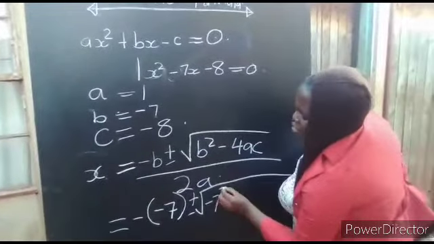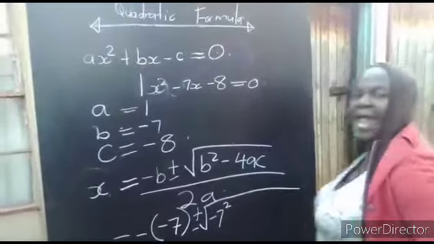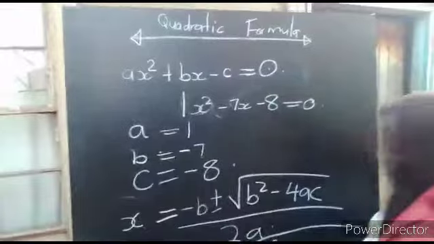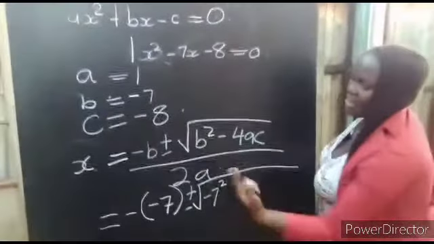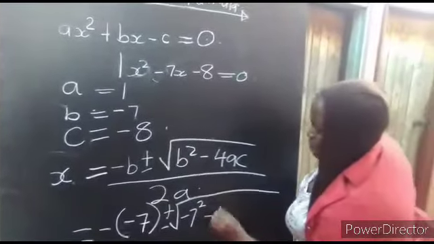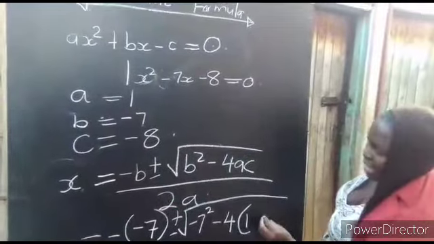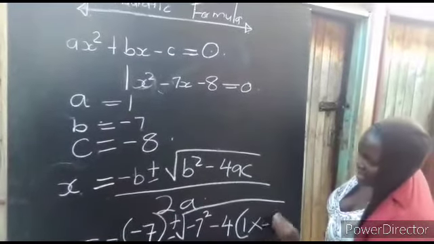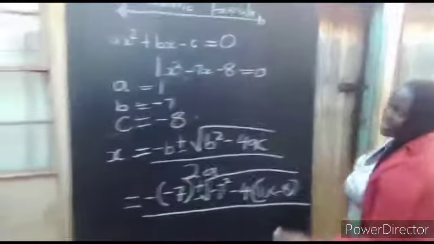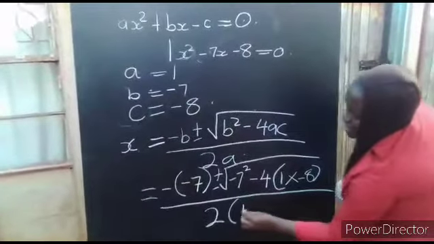So minus 7 squared, or rather 7 squared, minus 4ac. We are saying our a, which is 1, times c, which is minus 8. And everything here is over 2a. What's our a? It's 1.